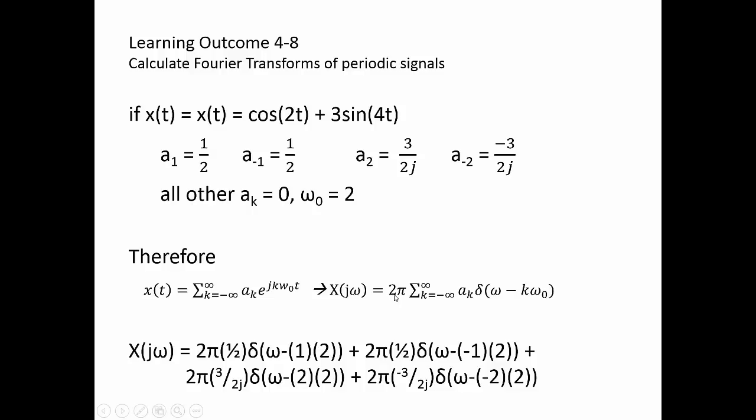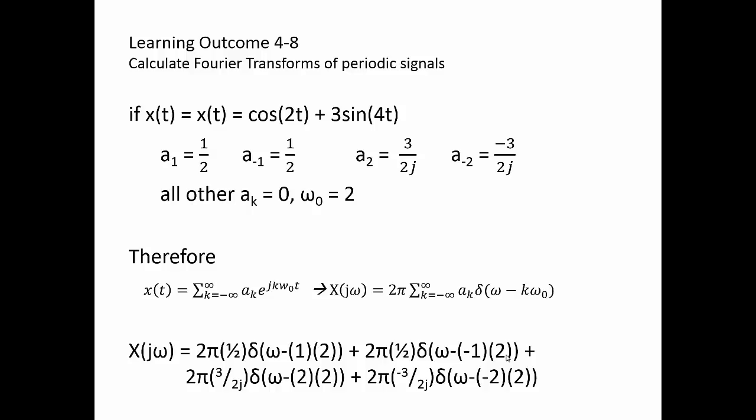We're going to have a 2 pi for each term. We're then going to take our a sub k. If k is 1, our a sub k is 1/2. We then have our omega. Our k value is 1, and our omega naught value is 2. The next non-zero a sub k, again we start with 2 pi, has an a sub k value of 1/2, a k value of -1, and an omega naught value of 2.